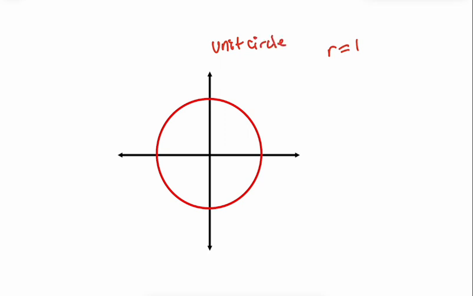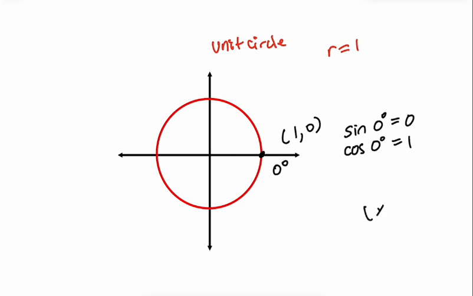We are only going to talk about the quadrantal angles. So this is 0 degrees. We are 1 out and nothing up. Okay. So what you know then is that the sine of 0 is the y value, and the cosine of 0 is the x value. Remember, the x is our cosine, the y is our sine.